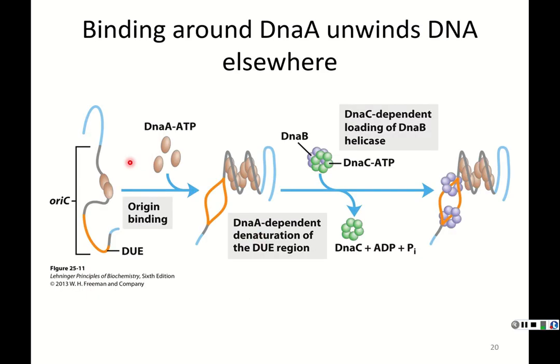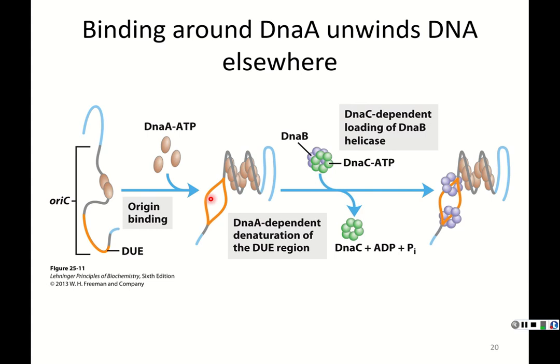So if we look at this in a picture, DnaA first binds to that origin of replication. When that happens, you get a lot of these DnaA proteins binding in that region, and it helps give it some sort of structure. When it does that, the DUE region can unwind.